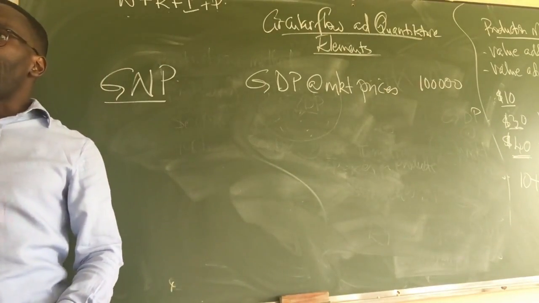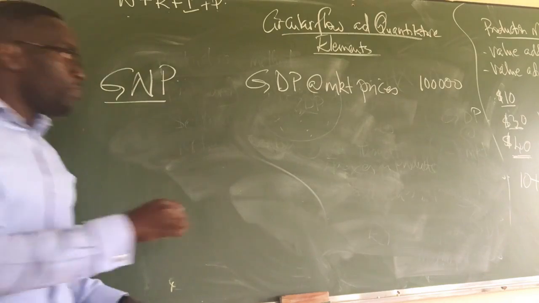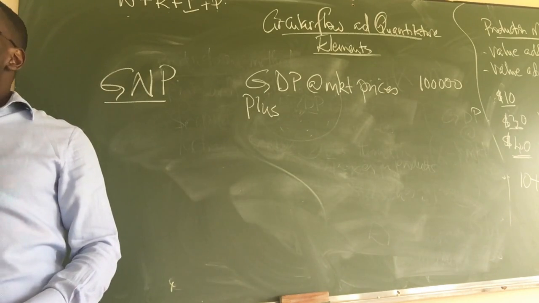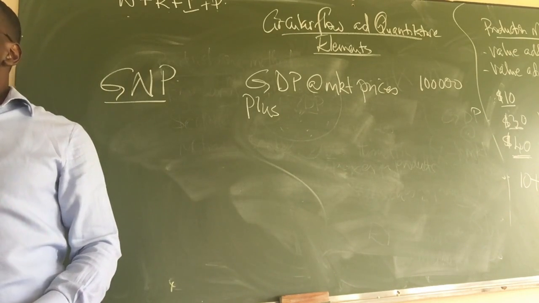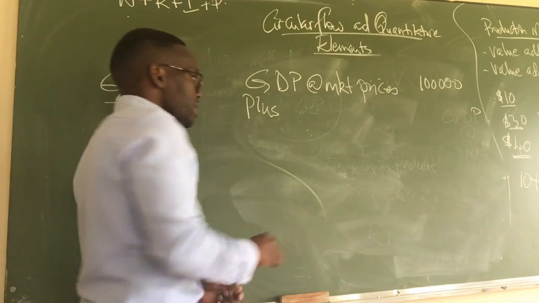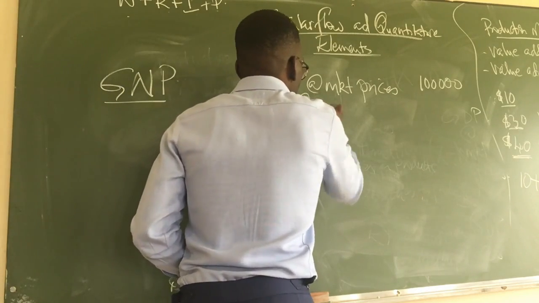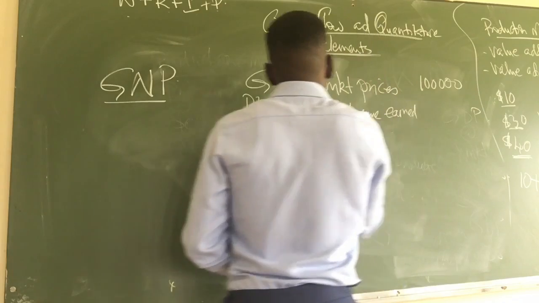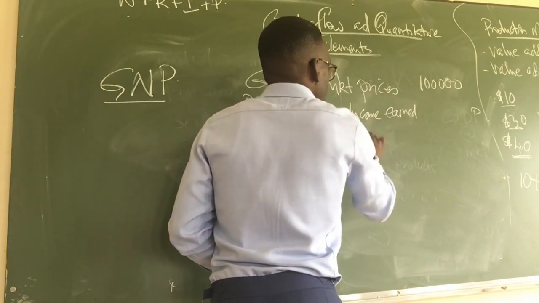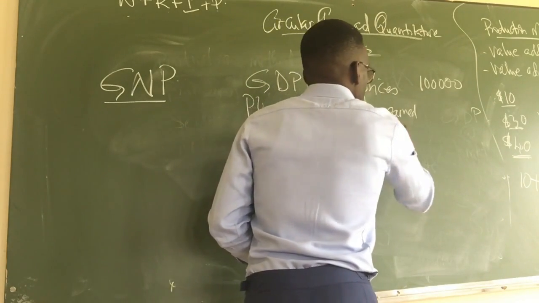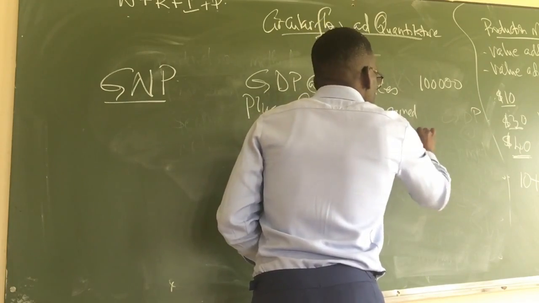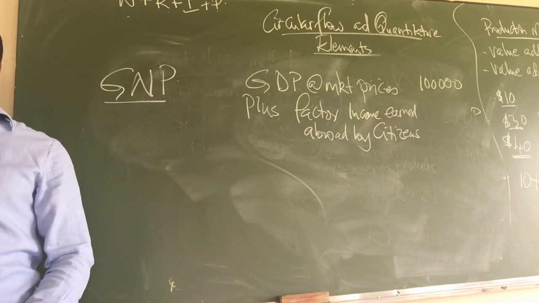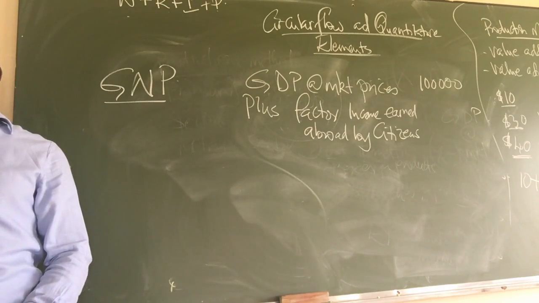Then we are going to add plus factor income earned abroad by South Africans, plus factor income earned abroad by citizens. Factor income earned abroad by citizens. Okay?